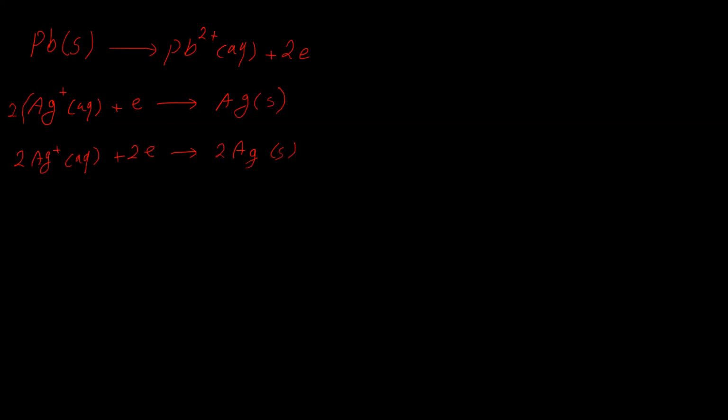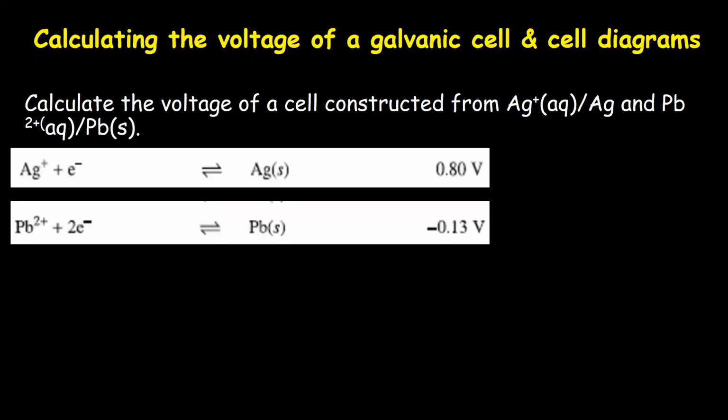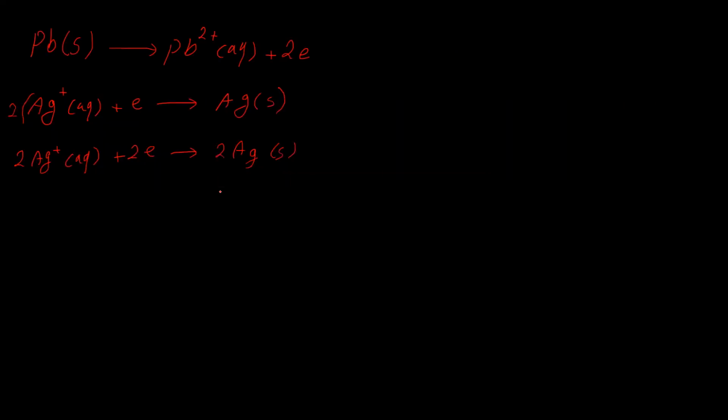If we look at the standard potentials, we can see they are written for reduction. So you see both of these standard potentials are written for reduction reactions. But Pb is losing electrons, so it means oxidized, and Ag is gaining electrons, which means it's reduced.